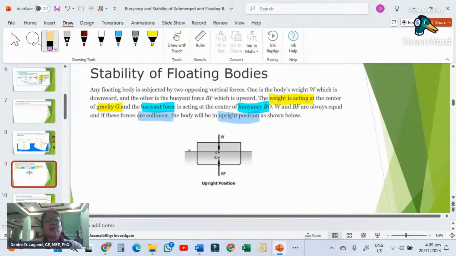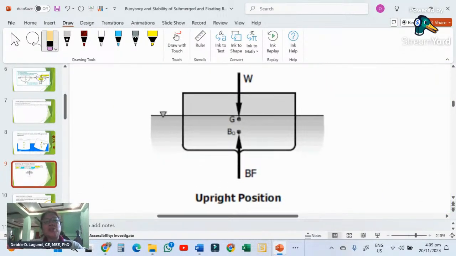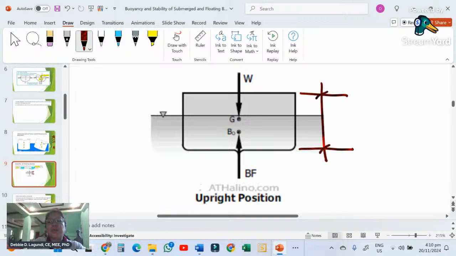So when bodies are in neutral, upright position, the weight and the buoyant force are aligned. Look, the weight is acting at the G of the body. So this is the body with a height h.